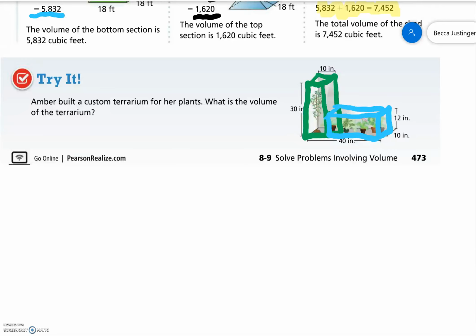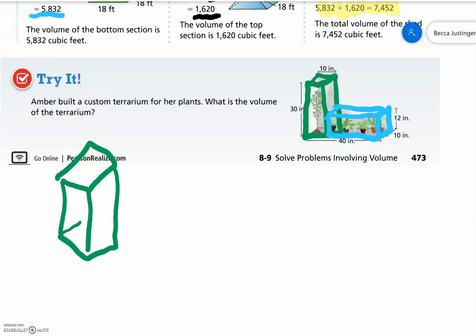This might be easier for you if you draw them out separately with their labels. And it gets us some practice in drawing our 3D shapes. So the green one is 10 inches by 30 inches by 10 inches. And I got those 10 inches from here's 10.